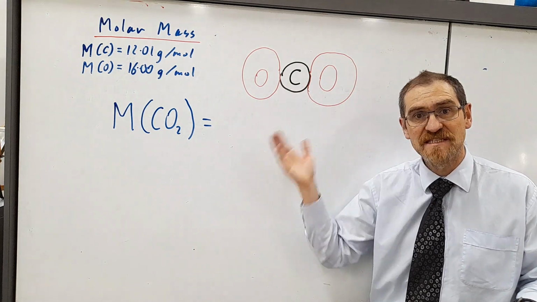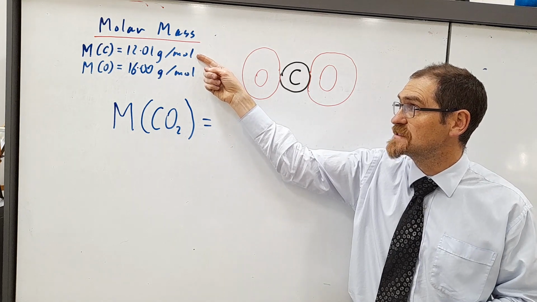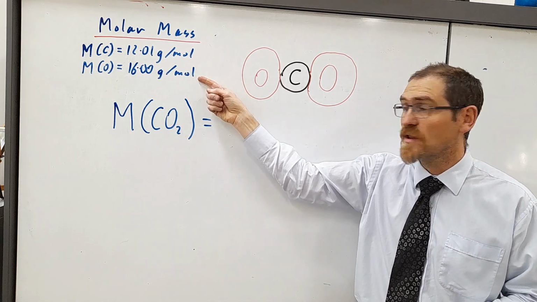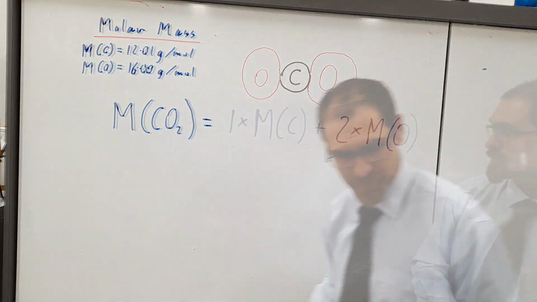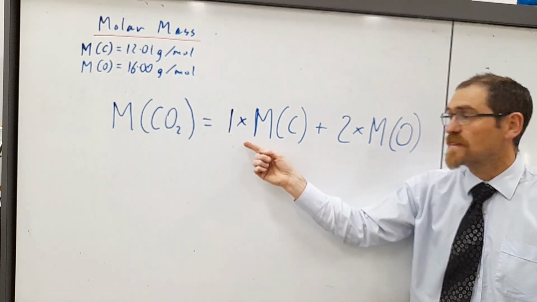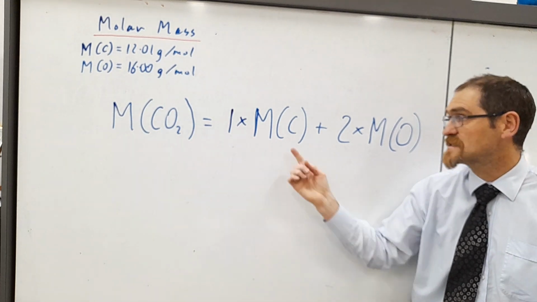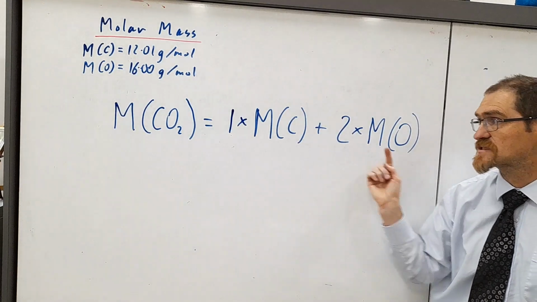We use molar mass to figure this out. We take the values from our periodic table. The molar mass of carbon, 12.01 grams per mole. The molar mass of oxygen is 16 grams per mole, and we figure it out. So the molar mass of carbon dioxide is going to be the combined molar masses of 1 mole of carbon and 2 moles of oxygen. How do I know it's 2 moles of oxygen?